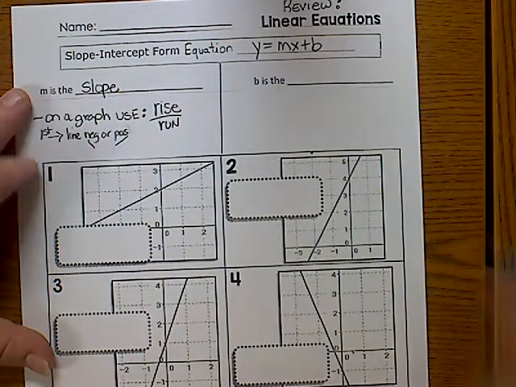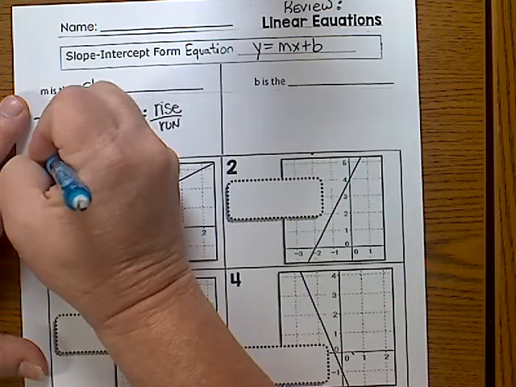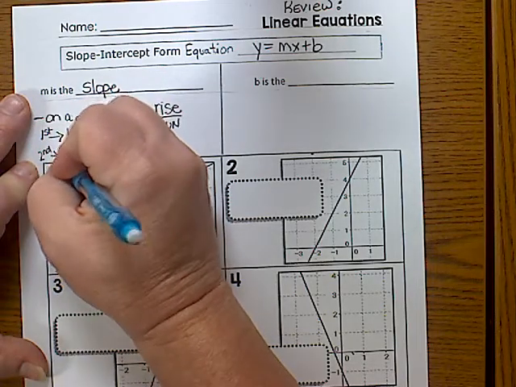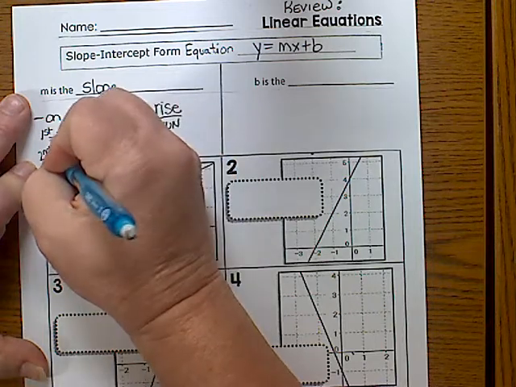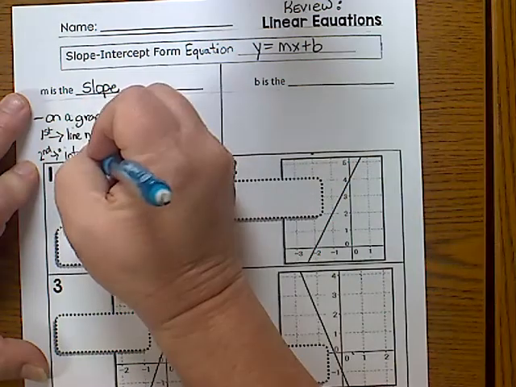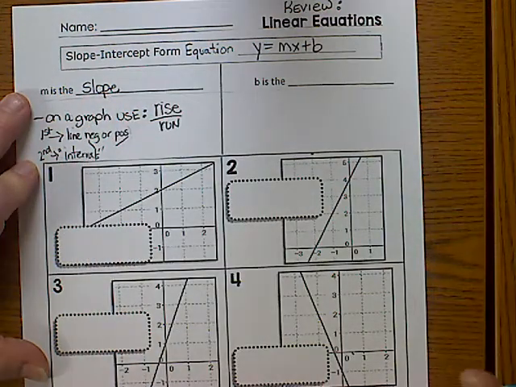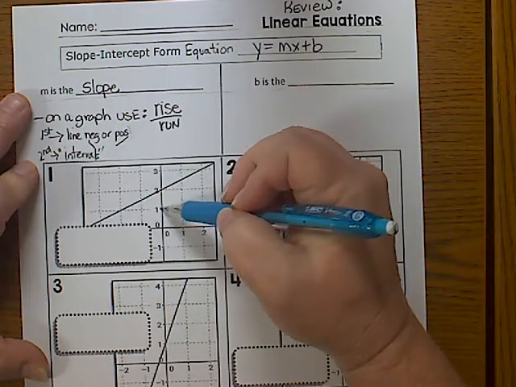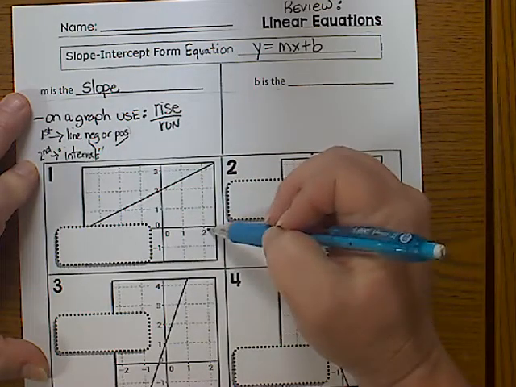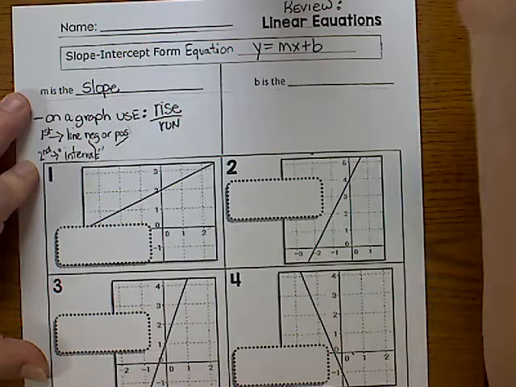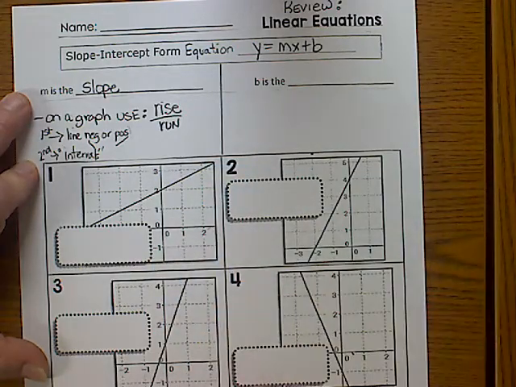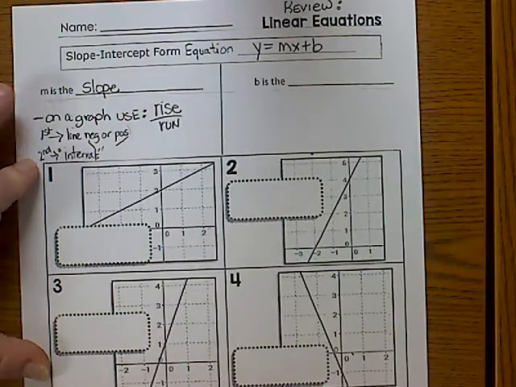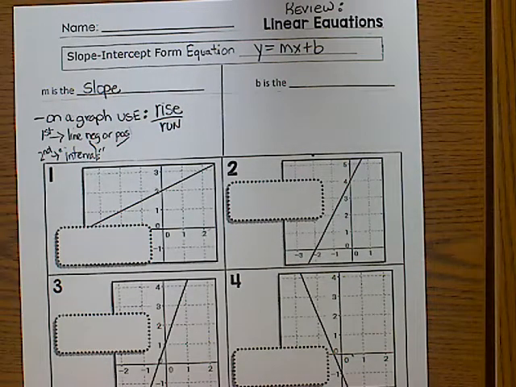Then the second thing we need to check is the intervals. Intervals are what each line is worth. You need to look both ways, going up and going across, because sometimes they are completely different. So those are the things about slope.